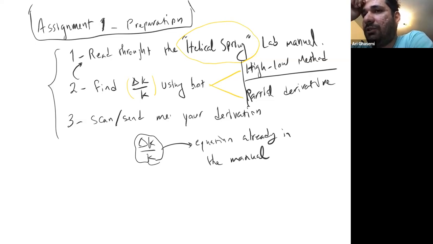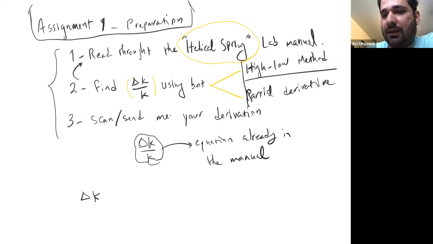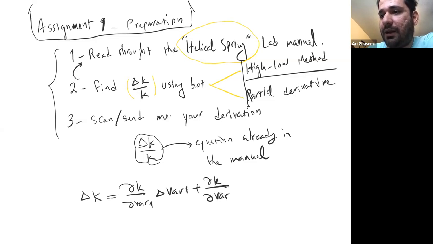You have to derive it yourself from scratch, from basic vector calculus. The basic vector calculus is delta K, partial K with respect to variable 1, delta variable 1, plus partial K with respect to variable 2, delta variable 2, and so on, right?